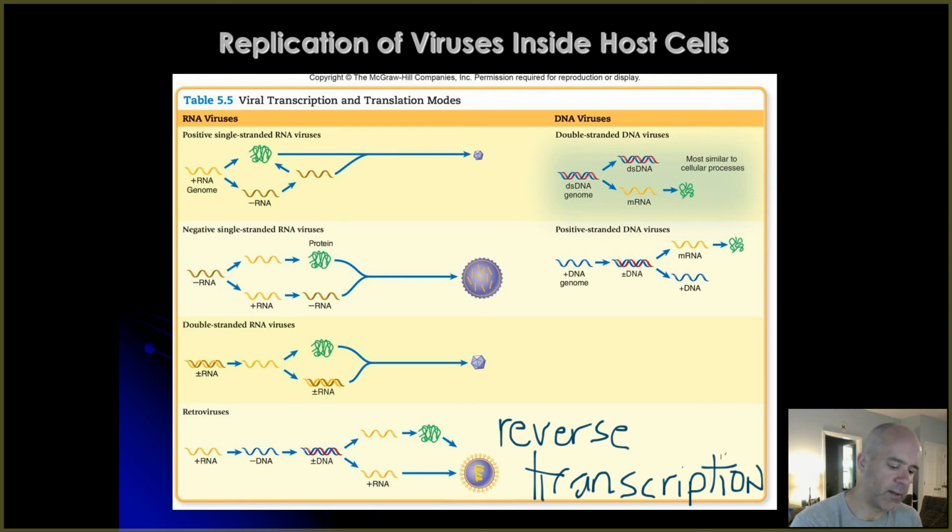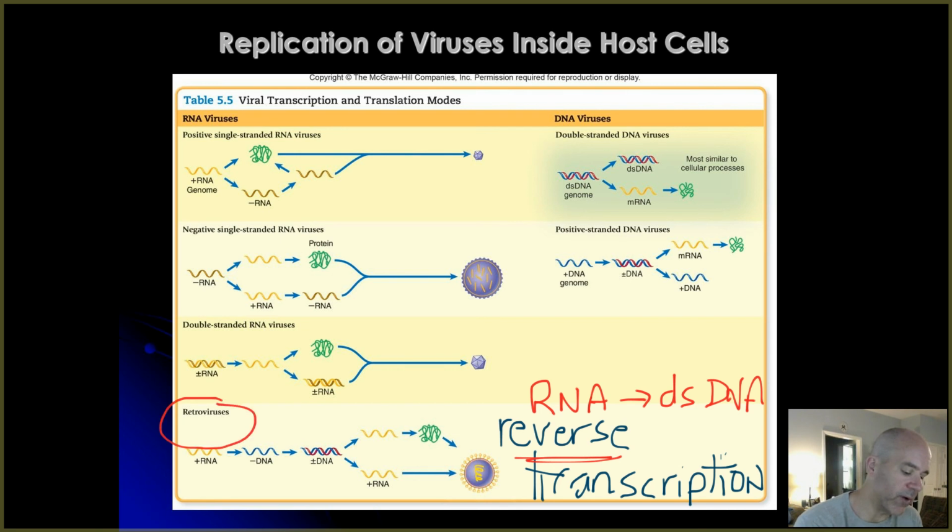That is a special process where you go from RNA to double-stranded DNA. The reverse of transcription, where you're going from double-stranded DNA to RNA. And that is done by viruses called retroviruses, and HIV is a famous example. And there's an enzyme that's used to accomplish that. That enzyme is called reverse transcriptase.